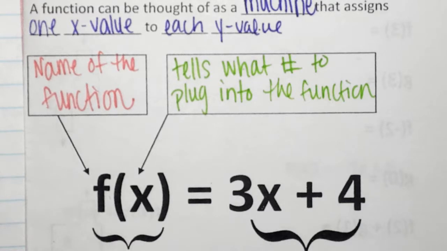So if I put a 3 where x is, you would plug in a 3 for every x that you see on the page. If I told you that x was 4, what would you plug in for x? If I said x was 5, what would you plug in for x? If it was Oreos, what would you plug in for x? Oreos. Fantastic. That's all you have to do.